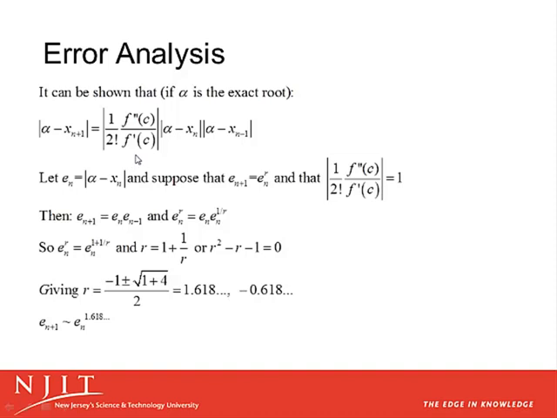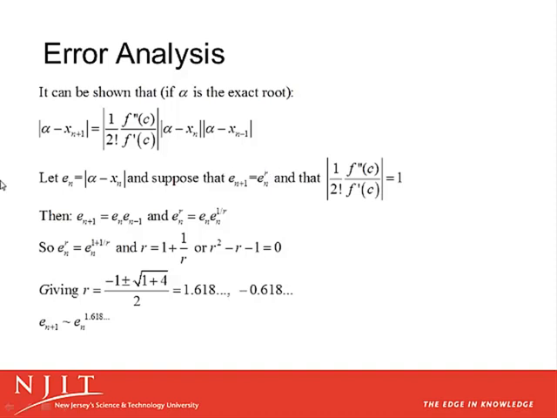We can get the basic idea, the behavior of the error, if we let this messy piece equal 1. It turns out that one can do some analysis and show that it's not important that we're making this assumption. If we let the error at the n plus first step be the error at the nth step to some power r, we're going to figure out the order of convergence.